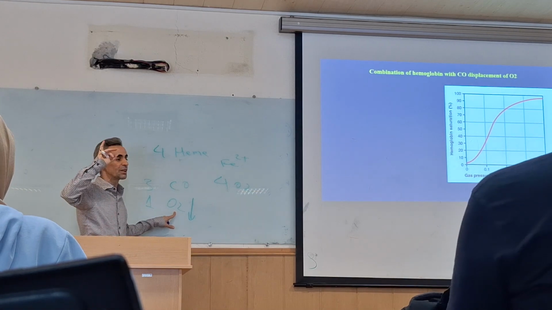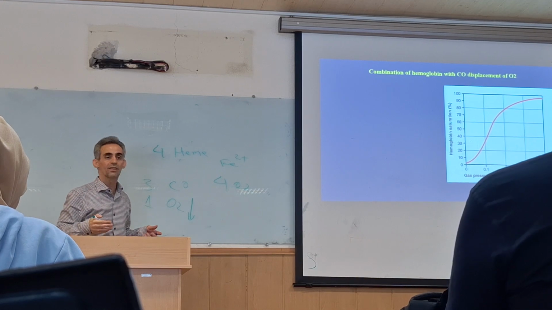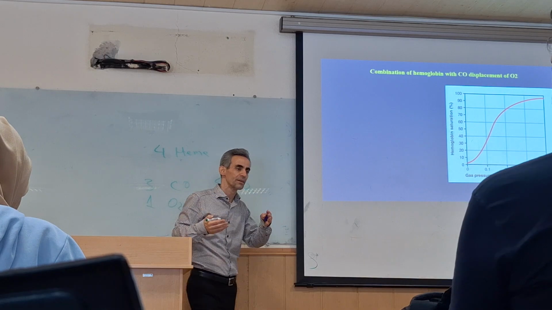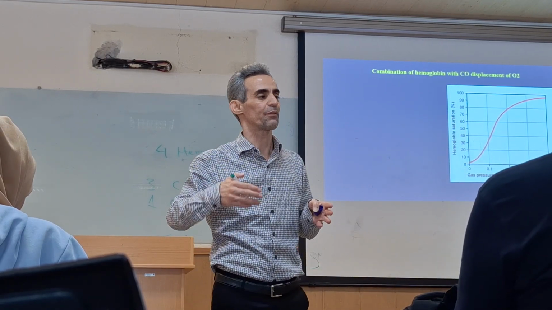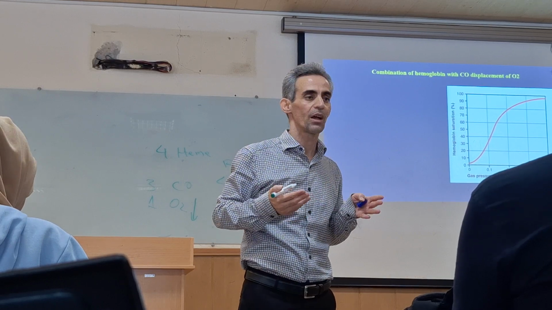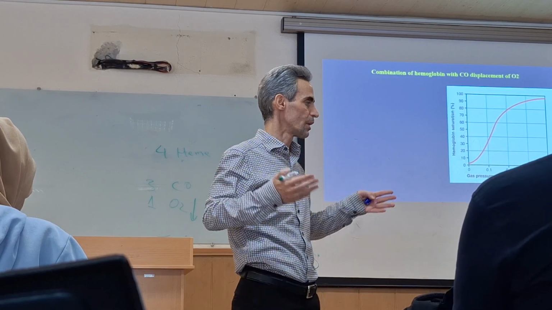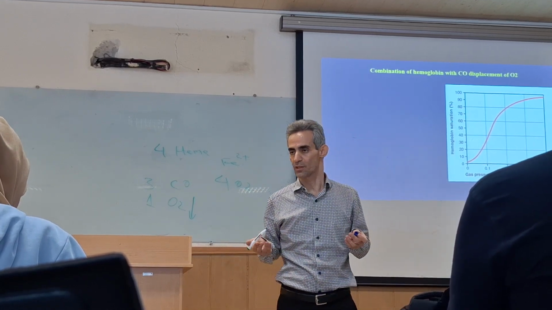The second, it increases the affinity of the hemoglobin to oxygen, and by this leads to the left shift of the curve, and this prevents oxygen release from the hemoglobin. Both of them lead to carbon monoxide poisoning.